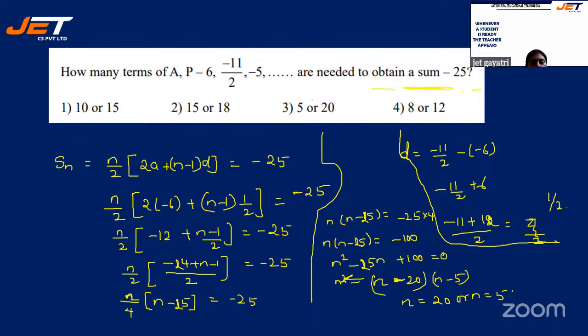Whereby you get n is equal to 20 or n is equal to 5. So your answer must be option 3: n is 5 or n is 20.